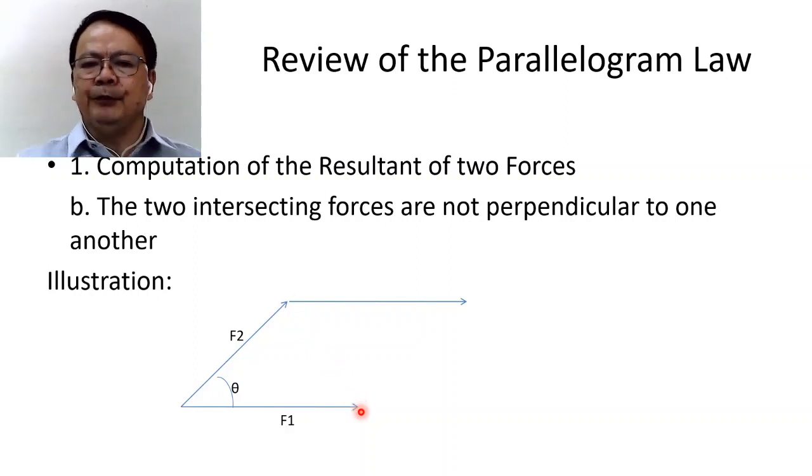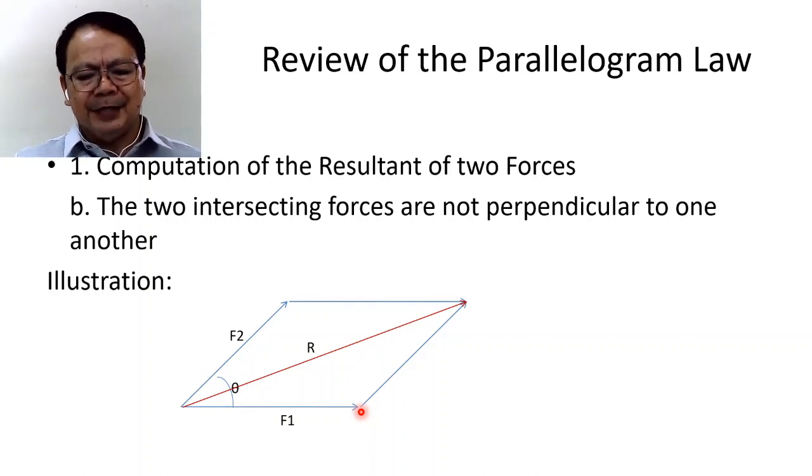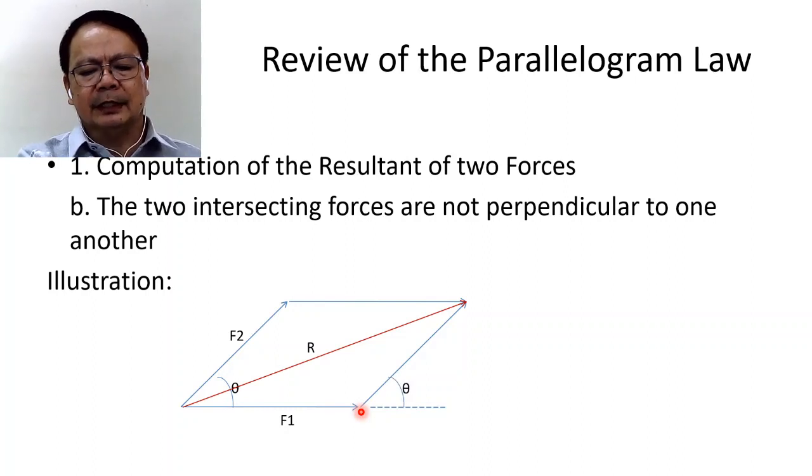Similarly, at the tip of F1, we draw a force parallel to F2, and that becomes our parallelogram whose sides have magnitudes equal to F1 and F2, and whose resultant shall be the diagonal of that parallelogram. Now looking at this parallelogram, you will notice that the angle this side is making with respect to the horizontal is the same angle theta that the two forces are making with each other.